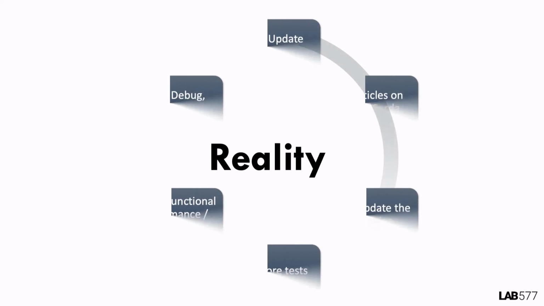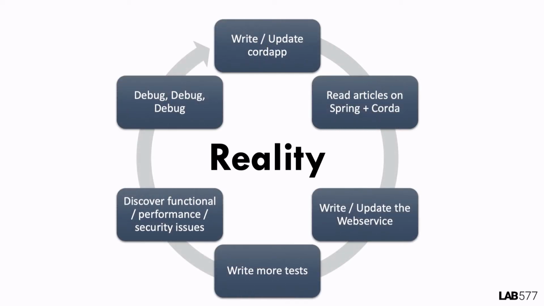And actually, a lot of times, I keep scanning Slack to see what people are talking about. And I've been doing that since the outset of when Corda became open source a couple of years ago now. And often, I just see so many articles or issues popping up saying, how do I do Spring with Corda? Can you show me how it's done? And people will go away and sit there and read articles about how to use Spring.